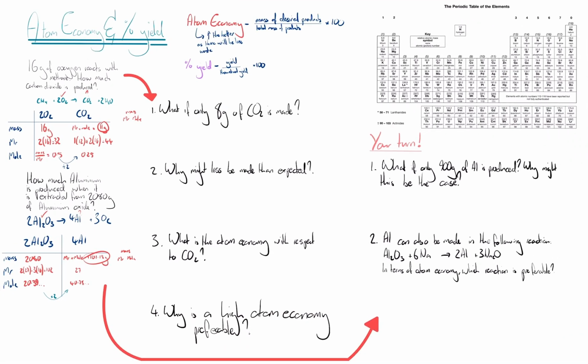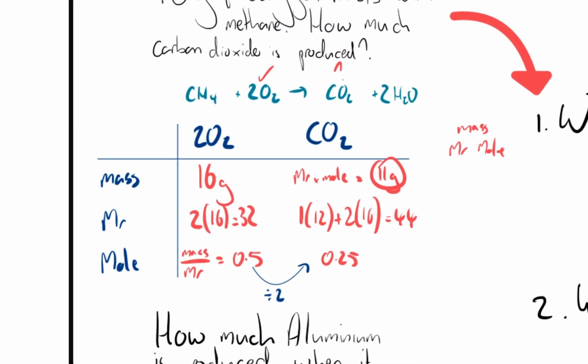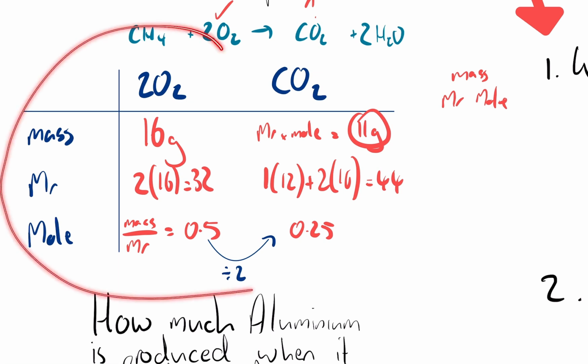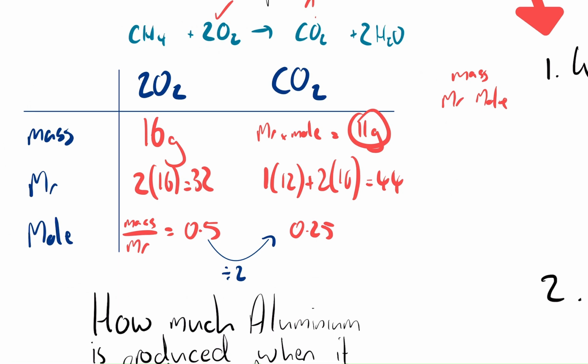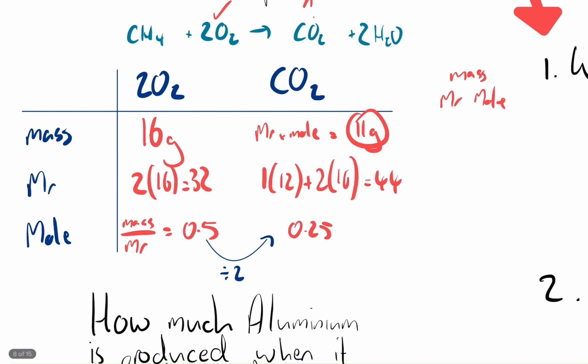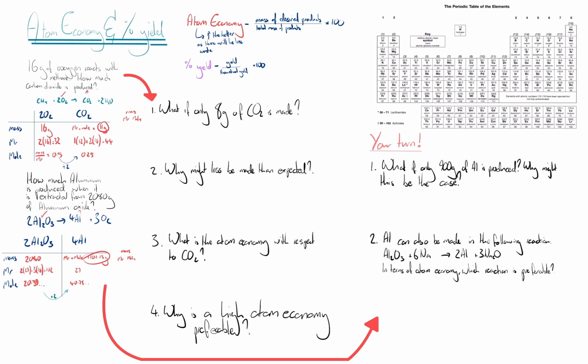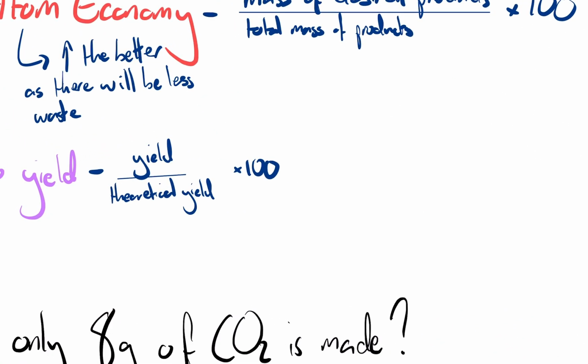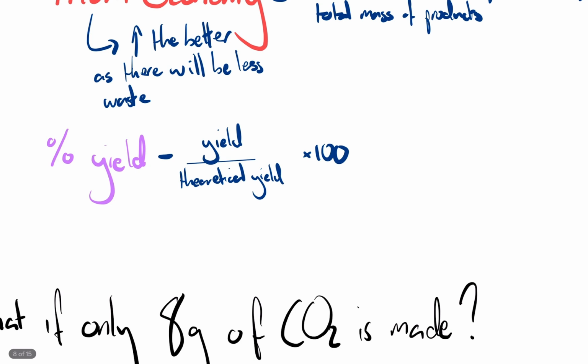Now, generally speaking, our theoretical yield is going to be calculated within our reacting mass question, and we've looked at how to do that here. Our end result is this 11 gram value. That's our theoretical mass in this case. A question would give us an actual mass and we'd work things out. But worth thinking about, why is our percentage yield not going to be 100%?